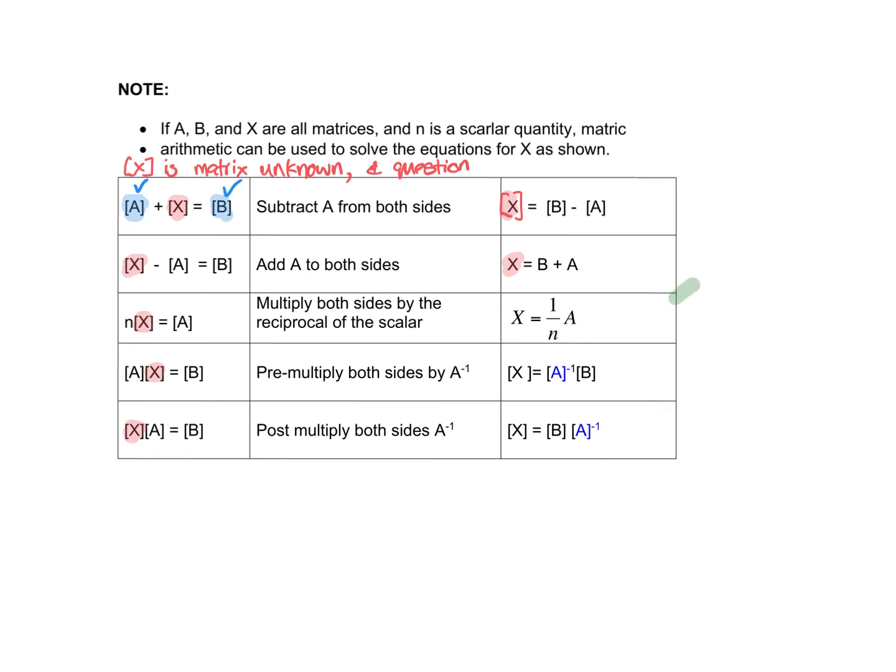Say for example you knew that 2 times matrix X equals something like this, okay? The way you would solve that is you would do a half times that matrix, and that would tell you what matrix X is, okay?